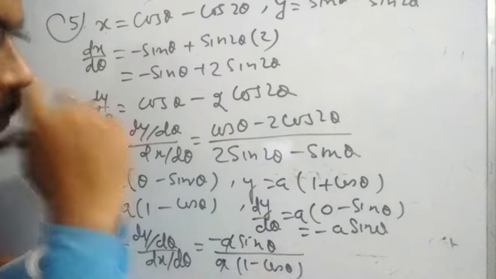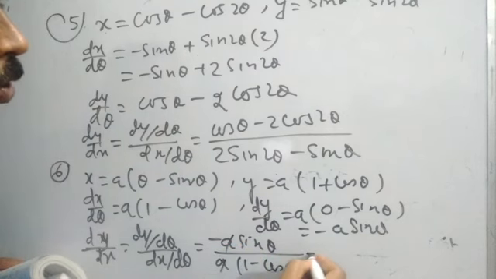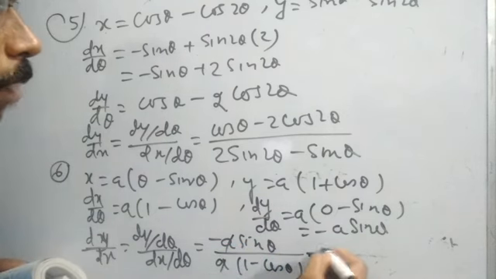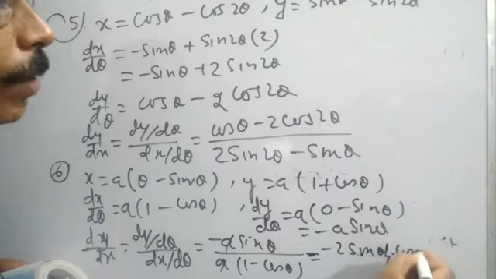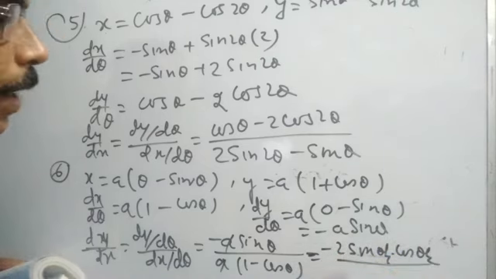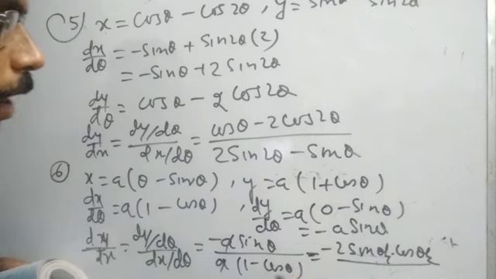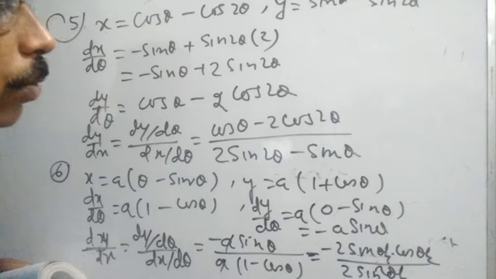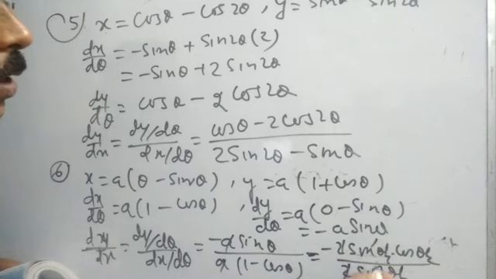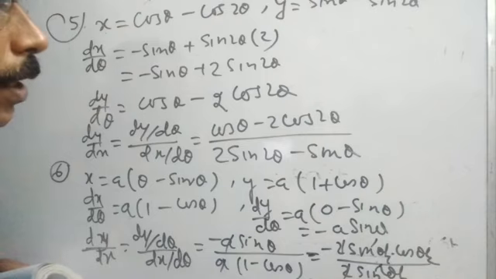Solve it: for sin θ we can write 2 sin(θ/2) cos(θ/2), and 1 minus cos θ is equal to 2 sin²(θ/2). The 2 cancels, sin(θ/2) cancels, and that is equal to minus cot(θ/2).